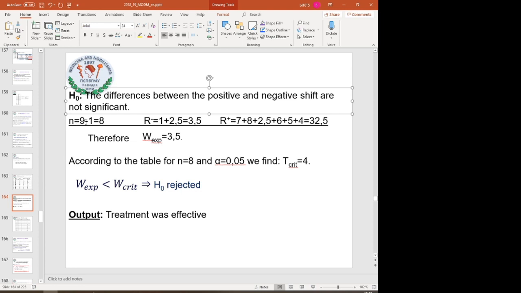N, the number of patients, is not initially 9 but 8, because one was excluded.